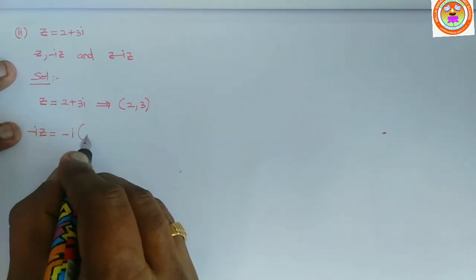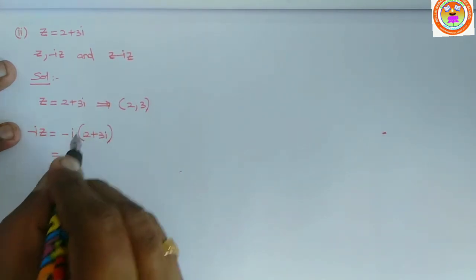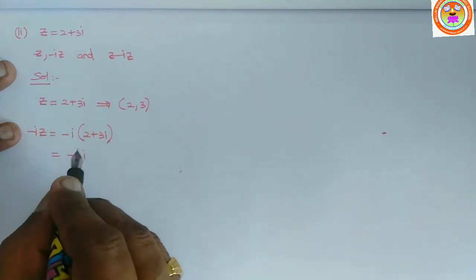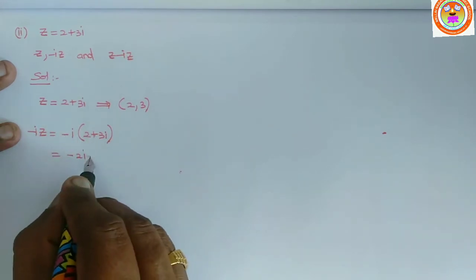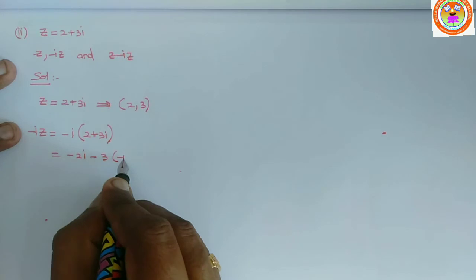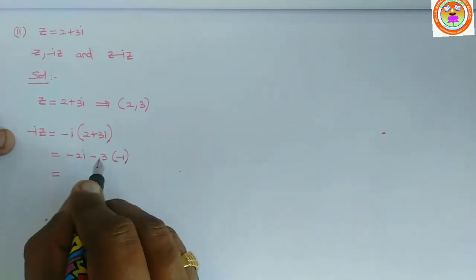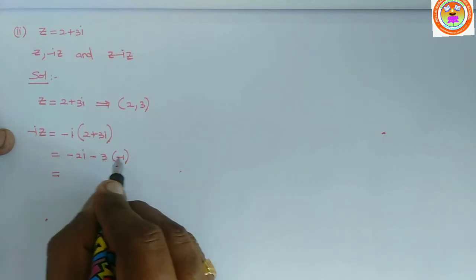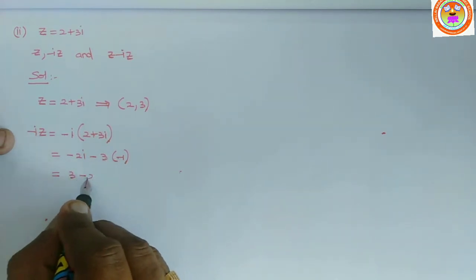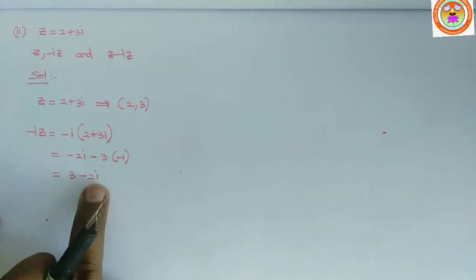Minus i into 2 is minus 2i; minus i into 3i gives 3 i squared, and the i squared value is minus 1. So write it properly: minus into minus gives plus, 3 minus 2i. First real, then imaginary.